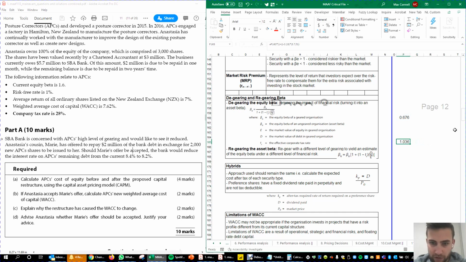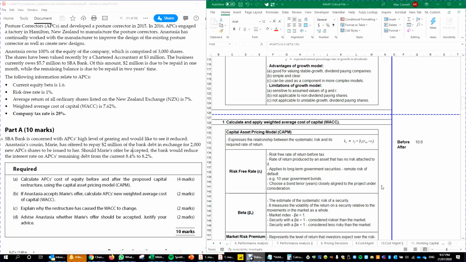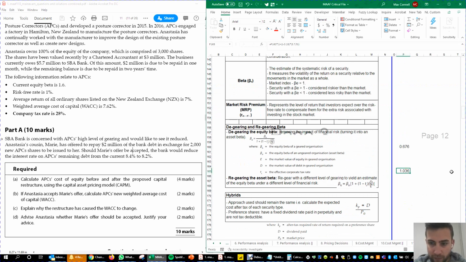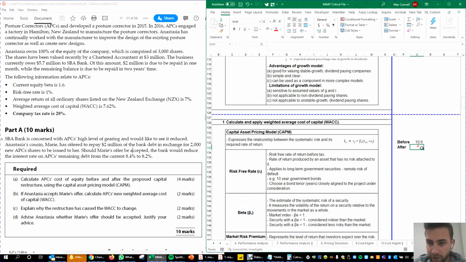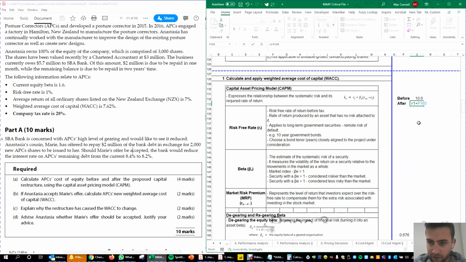Okay, so we've got the beta. Now the final step is to go back to this original formula, the CAPM model, and insert the calculated re-geared beta back in the formula. So we're going to go equals risk-free rate, which is 1, plus the beta, which we know is 1.036, times the difference between RM and RF.